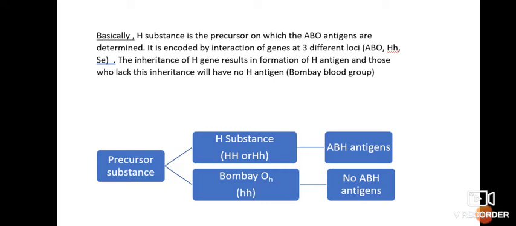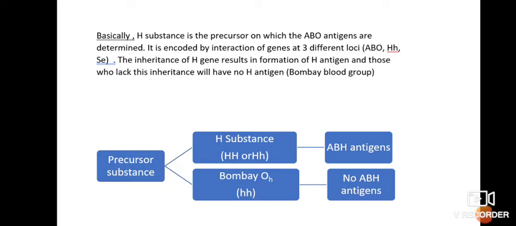Which on further reactions determines the blood group of a patient. Actually, there is something called a precursor substance, an unnamed precursor substance, that can develop into H substance or Bombay substance, and this H substance is a precursor on which the ABO antigens are determined, and all these are encoded by genes at 3 different loci, that is ABO, H, and SE.